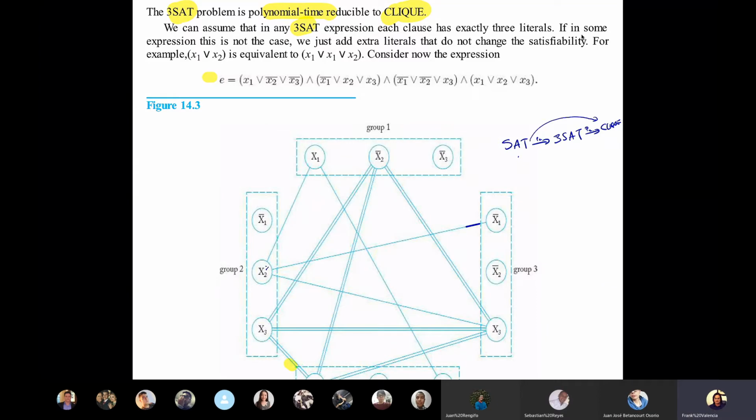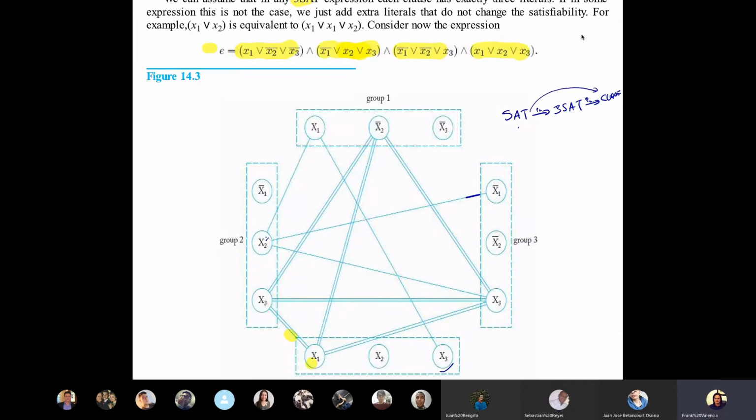So suppose that your formula is in this form, right? It should be in this form because we require this form, in particular conjunctive normal form. So each one of these is a clause. It's a clause and it's a clause, right? So you make as many groups as clauses you have.